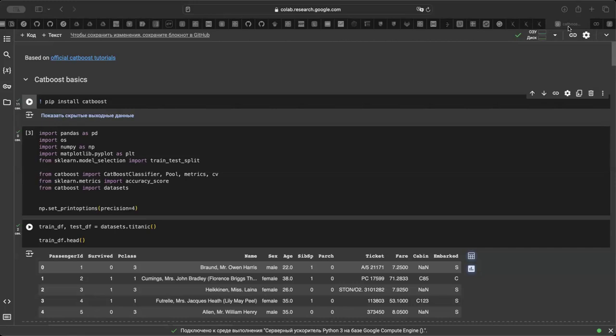Okay, and tell me, please, how is the tree built? Just if we consider one tree without any random forest or something like this.